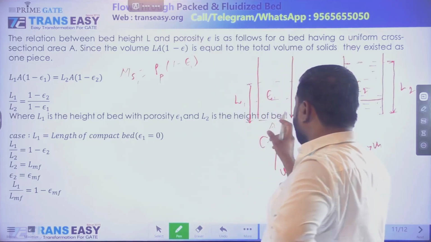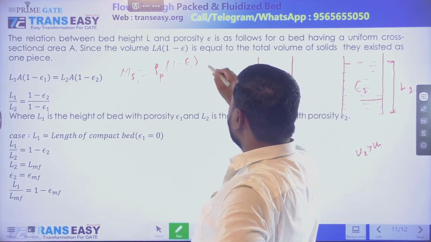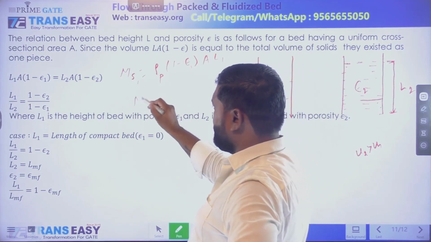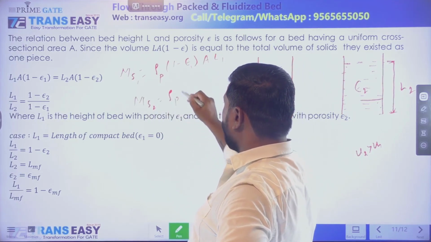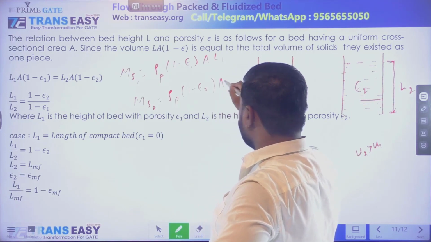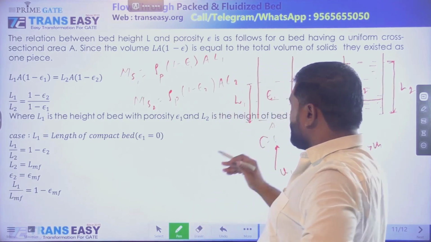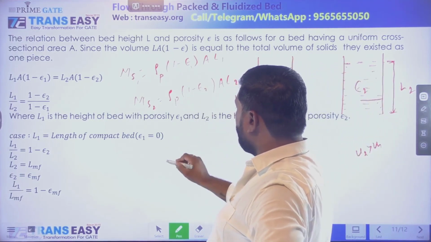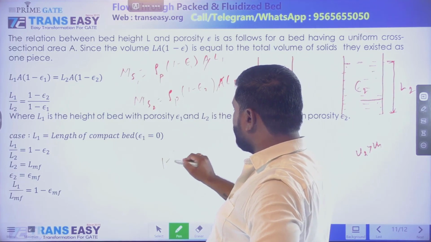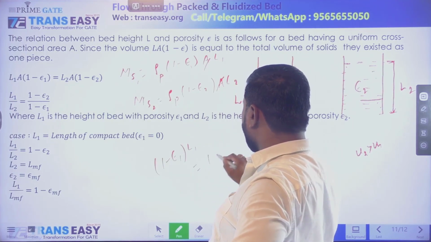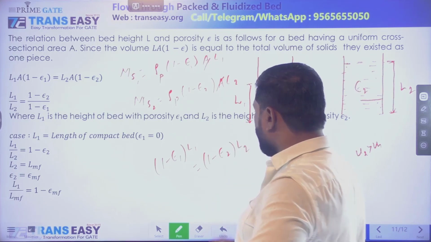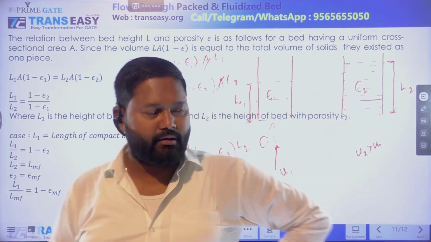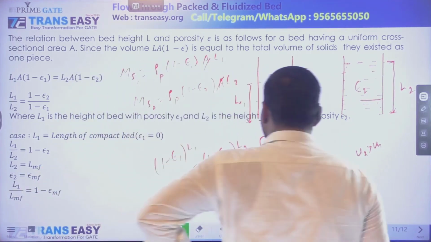Suppose A is the cross sectional area of this circular container, so A L1। ये हमने पहले भी स्टार्टिंग में ही डिस्कस कर दिया था, क्योंकि हमने बोला था ये बहुत यूजफुल होने वाला है। Density of particle into 1 minus epsilon 2 into cross sectional area, सेम है बट लेंथ L2 हो गया है। मास ऑफ द सॉलिड पार्टिकल्स इन केस 1 एंड केस 2 सेम, दोनों को इक्वेट करो, रिलेशन क्या मिलेगा, ये कैंसिल हुआ, (1 minus epsilon 1) L1 is equal to (1 minus epsilon 2) L2, right? बात समझ में आया, right?